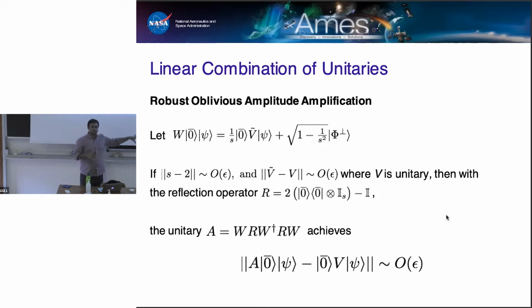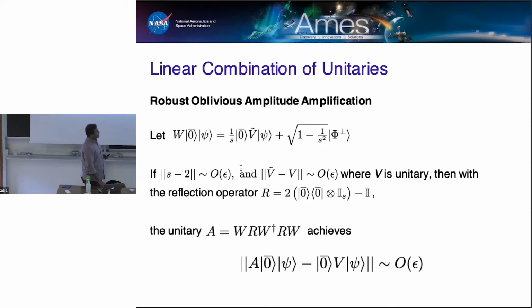So here we're doing something similar, except that the reflection operator only needs to reflect about the ancillary register being in the zero state, okay? And moreover, we're going to assume that we have some unitary W that acts on this entire register of qubits, and it produces some possibly non-unitary operation V tilde, and it produces this state phi perp, which, as before, is orthogonal to this particular state.